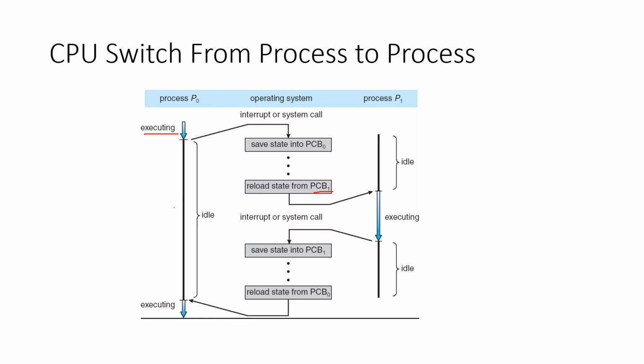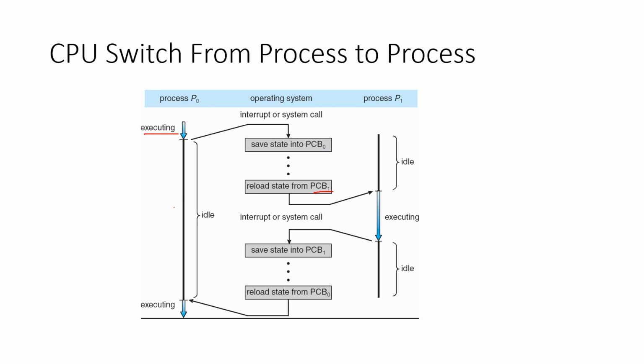That is, the program counter will be updated with the instruction that needs to be executed. The registers will be updated with the data, and stack and other information will be fetched for execution. Once this reloading of information is done, the process P1 will be assigned to the CPU for execution, and hence process P1 starts its execution.